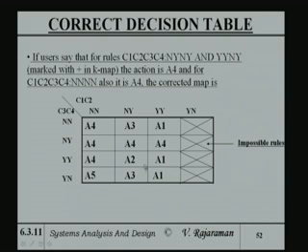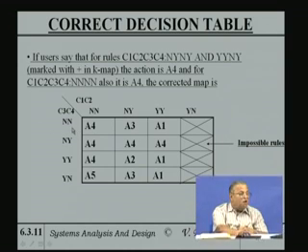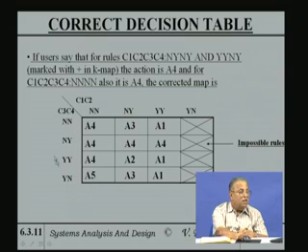So it can be in more than one, and I can combine this with this, and I find that C1 is constant at Y, C4 is constant at no, C3 takes on both values. So A1 would be C1 and C4 naught.